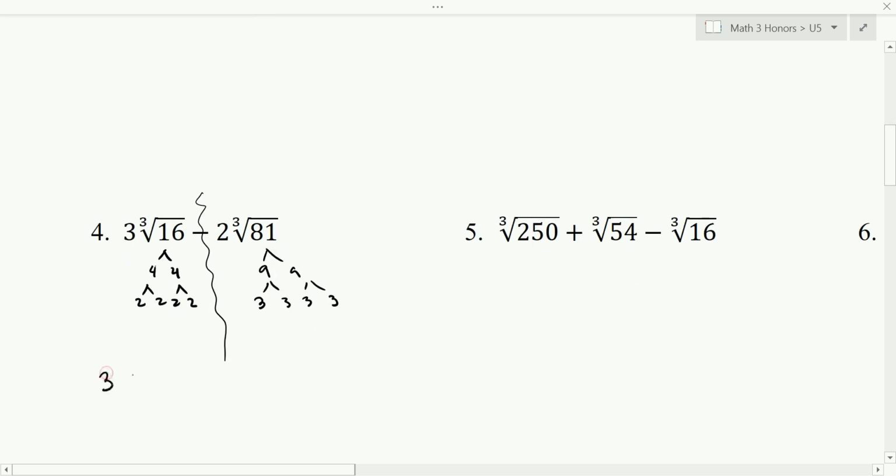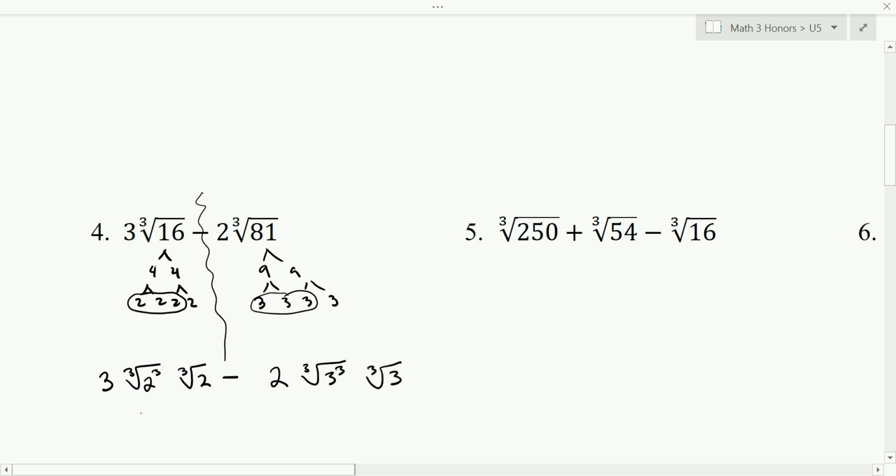We got a 3 and a cube root of, I'm going to grab 3 of them, 2 to the 3rd, and cube root of 2, minus, and then we have a 2 on the outside. I'll grab 3 of these, cube root of 3 cubed, cube root of 3.